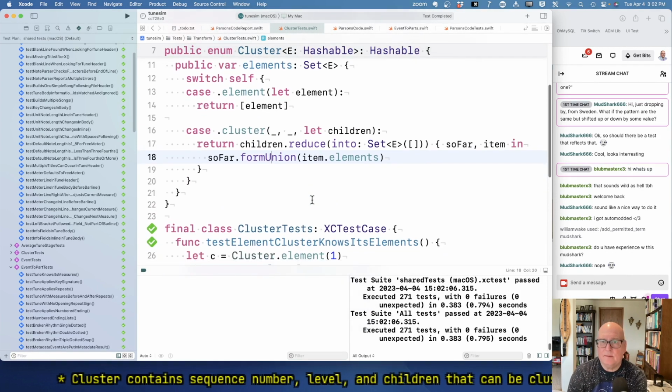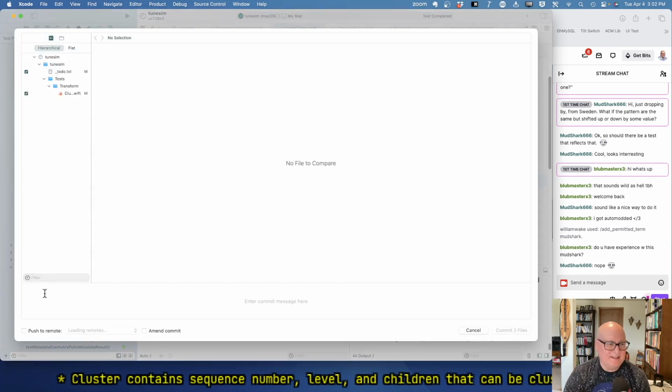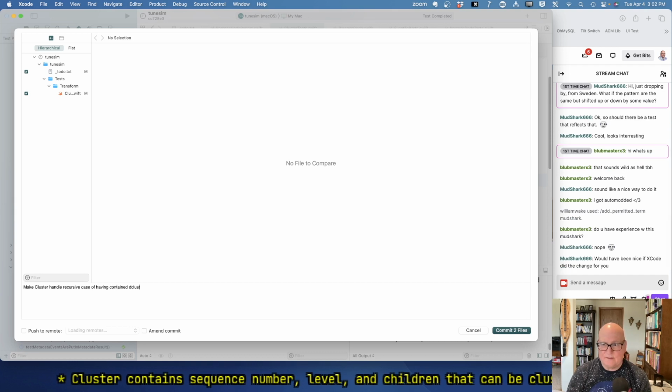Okay, good to know. All right, let's check that in. Okay, so make cluster handle recursive case of having contained clusters.